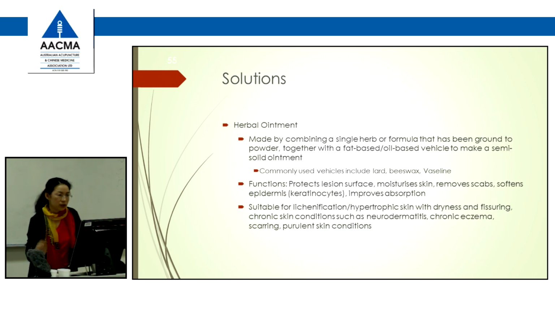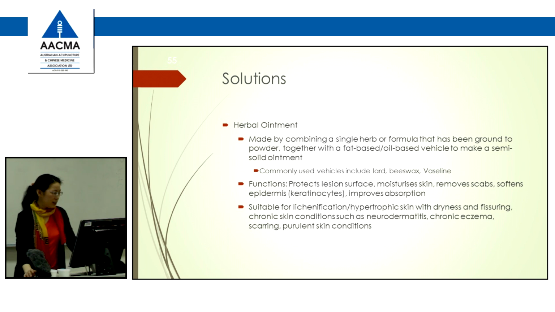Then the solution. To solve the dry, you can use the herbal ointment. Ointment is a very commonly used way for subacute or chronic lesions. And then you can use the large beeswax Vaseline.